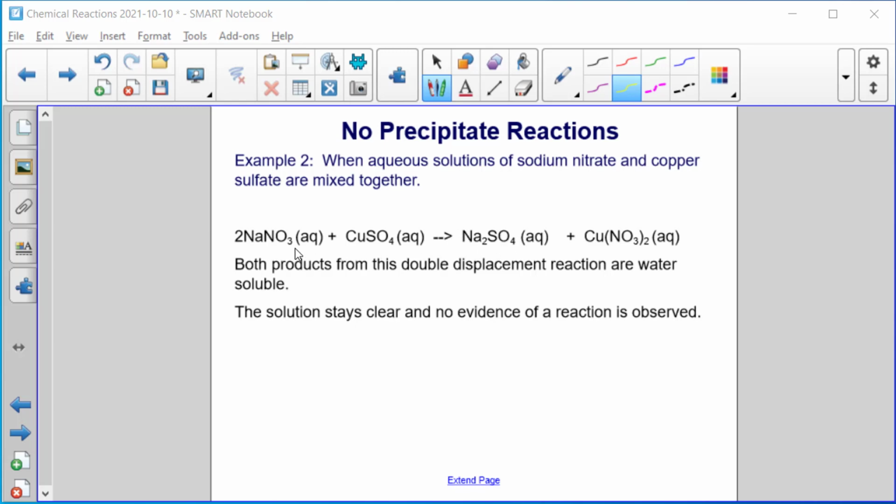And copper is with the nitrate, Cu(NO3)2, copper nitrate. These are both soluble, right? Anything with sodium is always soluble. Anything with nitrate is always soluble. So both products from this double replacement reaction are water soluble. The solution stays clear and there is no evidence of any reaction observed. Essentially, no reaction occurs here. We just have 4 ions all combined in a homogeneous solution.